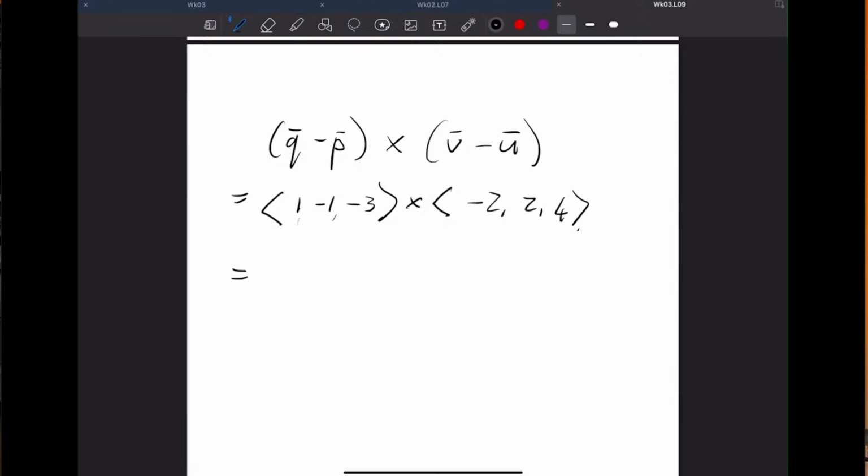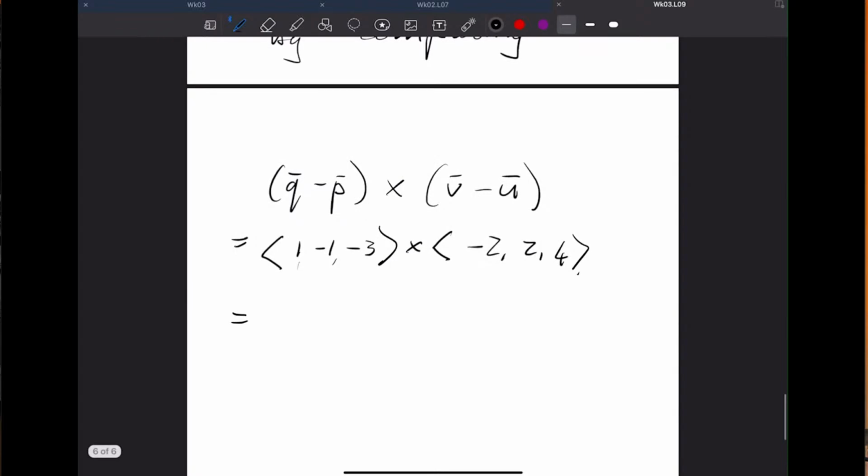So we want to compute this cross product. Since the cross product is still new to us, let us again demonstrate our mnemonic for computing it. What we do is we write the first vector on top, 1, -1, -3. Second vector at the bottom, -2, 2, 4.